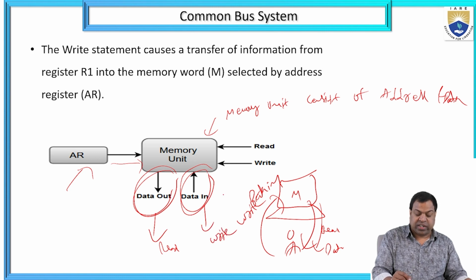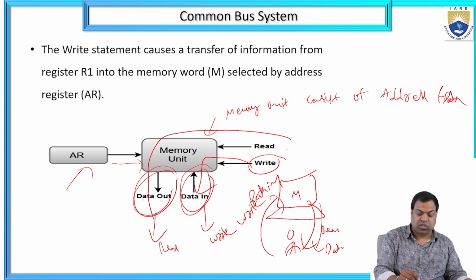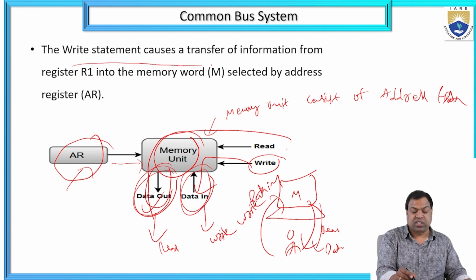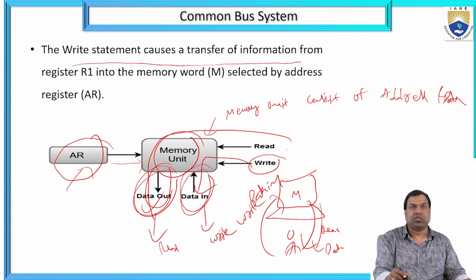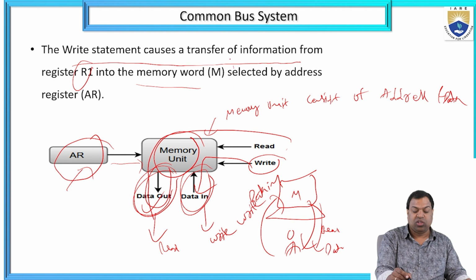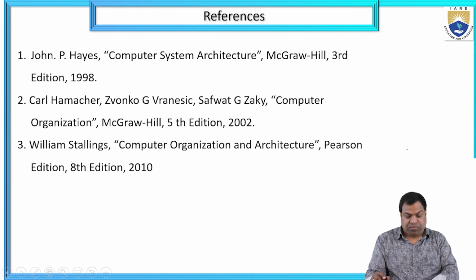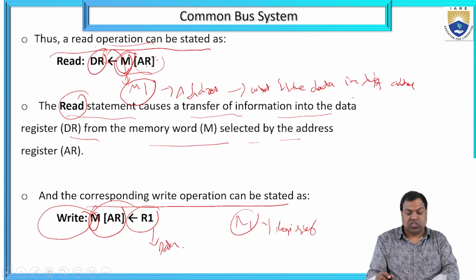So data in means write operation, and data out means read operation. Every memory has an address. The write statement causes the transfer of information from register R1 into memory word M, with the selected address lines being AR. These are the references for this.